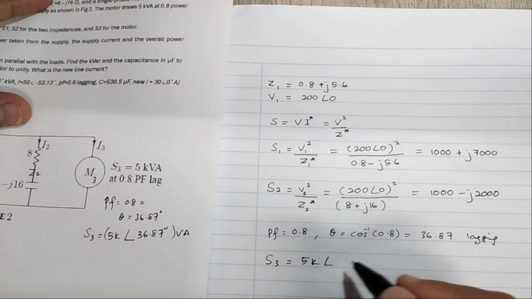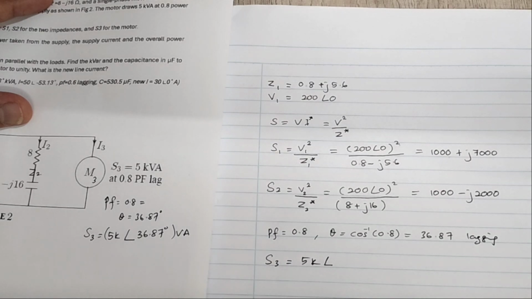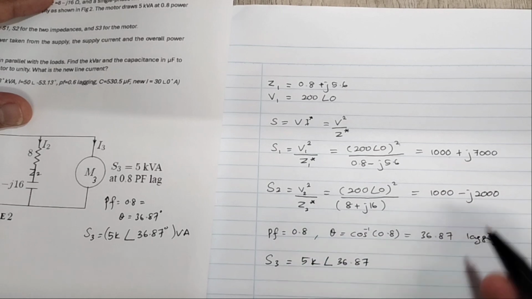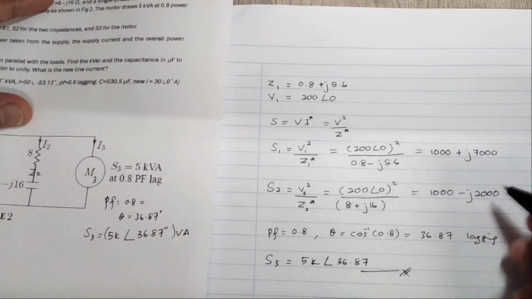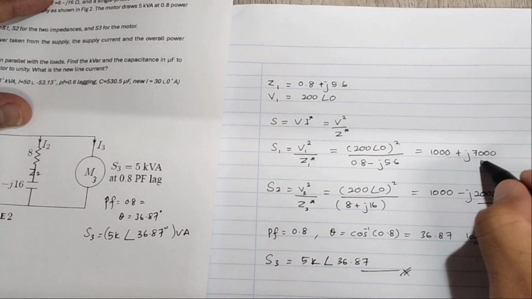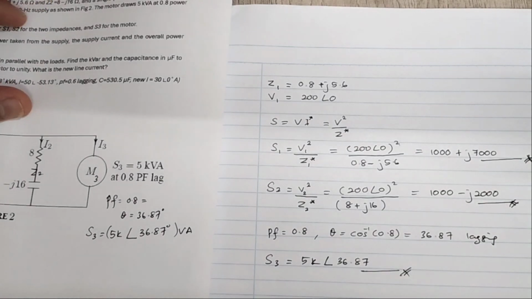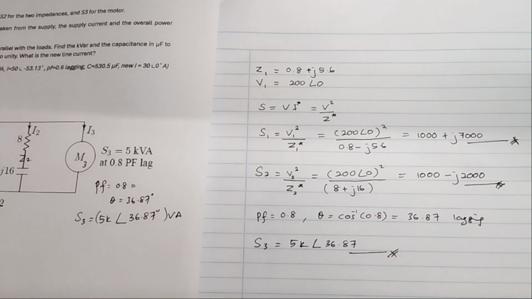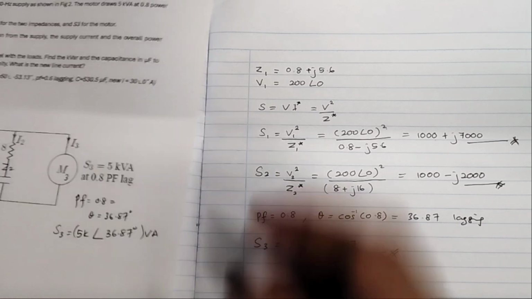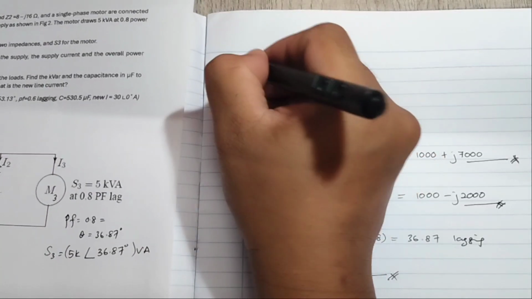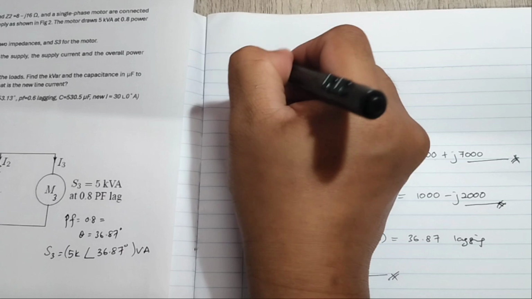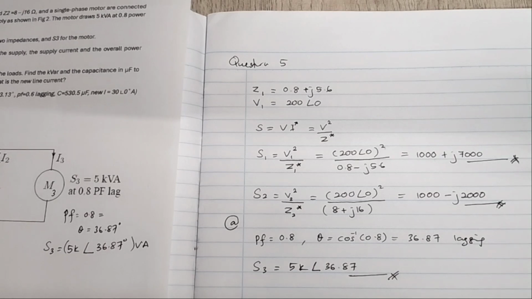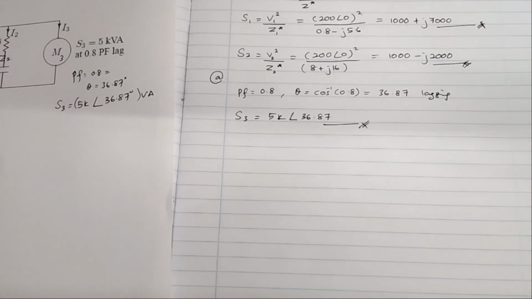Sudut lagging, negative for current, positive for S. Okay, so dapatlah S3 dapat, S2 dapat, S1 pun dapat. Okay, right. Settle untuk question 5A. Okay, seterusnya.